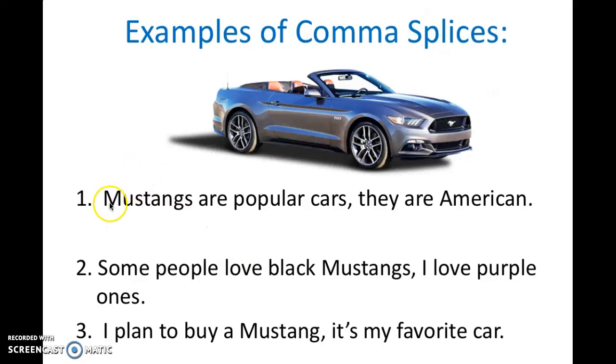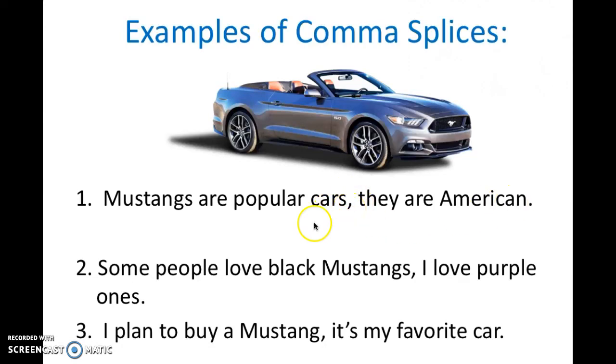Well, here you go: the subject, Mustangs, are popular cars. Are is the verb, popular cars. That's the first sentence, separated by a comma. They are American. They is the subject. Are is the verb, American. Do you see that there are two SVOs, subject, verb, objects, or sentences, separated by a comma?